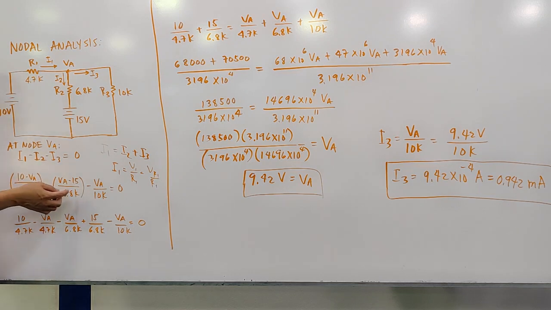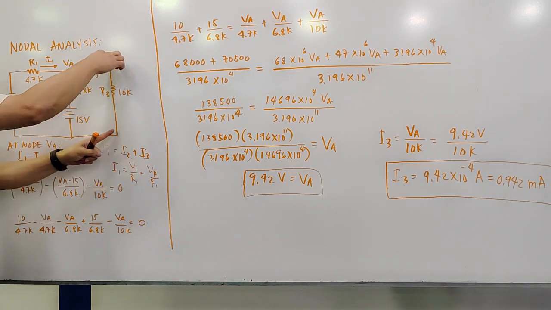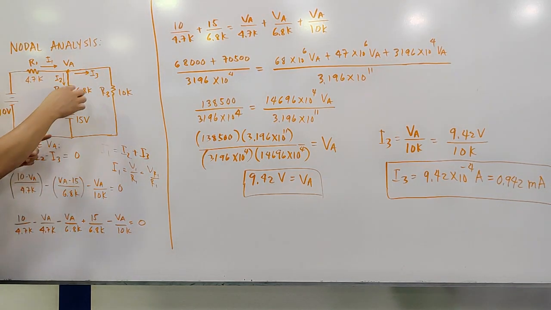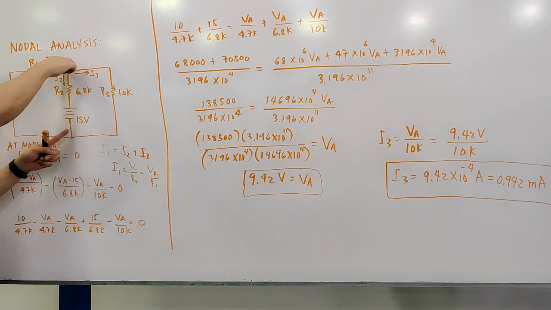I'll just continue, okay? Now look, how about I3? It means VR3 over R3. So, what is VR3? It's the VA voltage. Yes, it's equal to VR3.